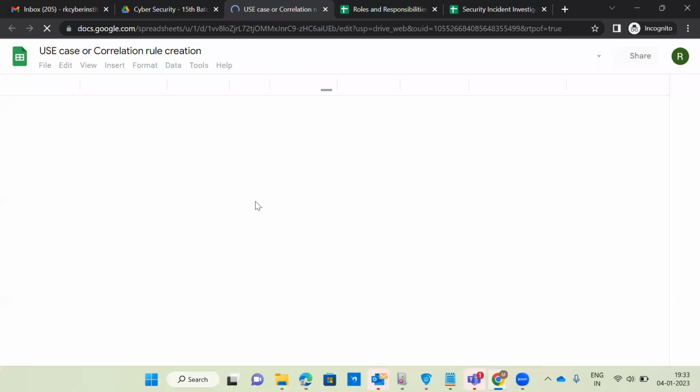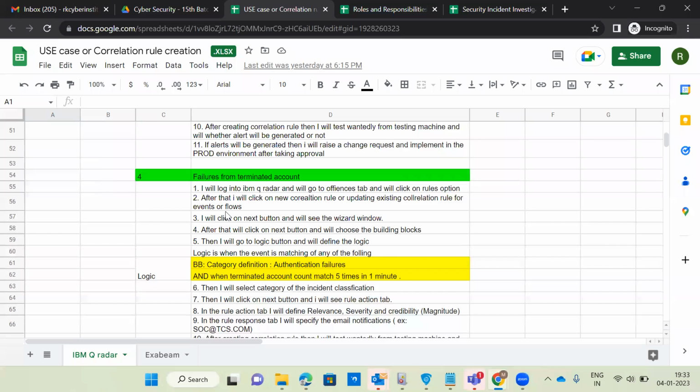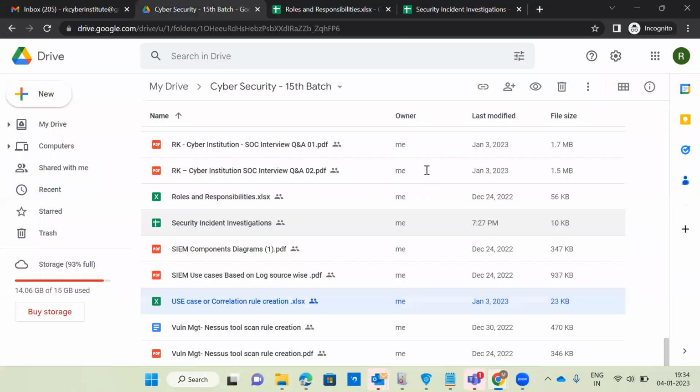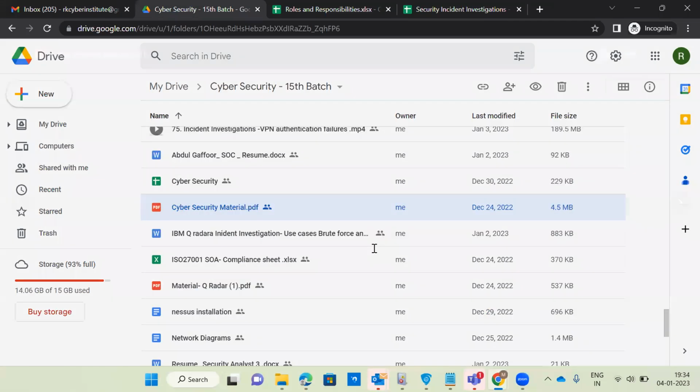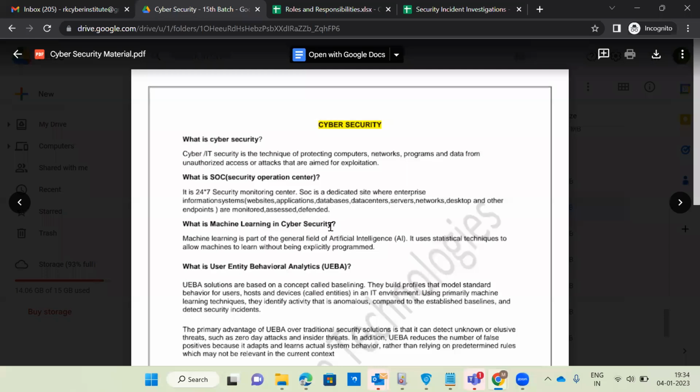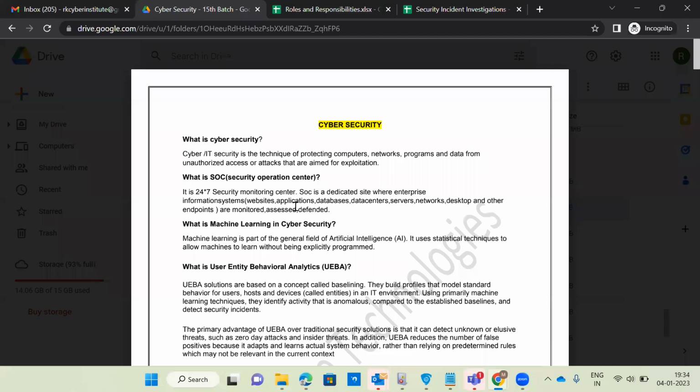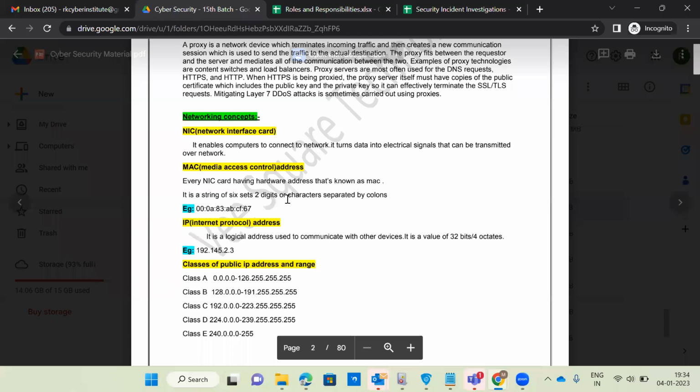Yeah. Cyber security material. Please go through this one. In this one, everything is not important, guys. These 80 pages. You can go through what is cyber security, what is SOC, what is machine learning, and forget about all these. You can go through all the networking concepts: what is MAC, NAC, IP address, MAC address, all the protocols.